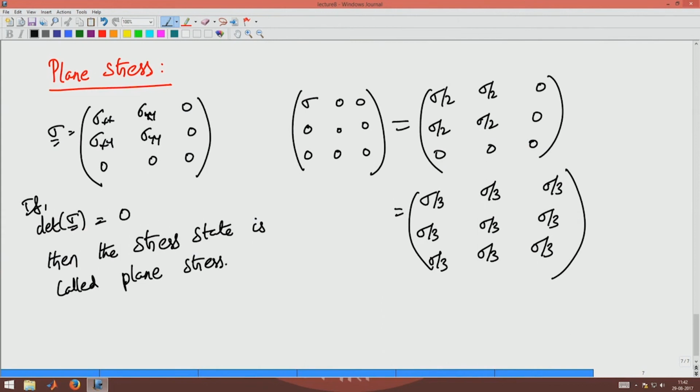Because you do not want normal stresses, the pure shear state of stress is one where, if the trace of the sigma matrix is 0, it is called a pure shear state of stress. Okay. So, these are invariant definitions of the stress. Now, let us look at what invariance of the stress means.